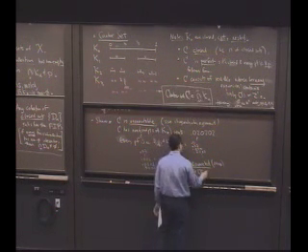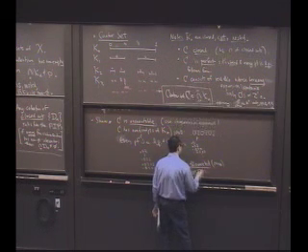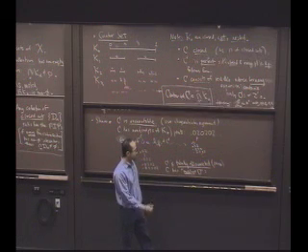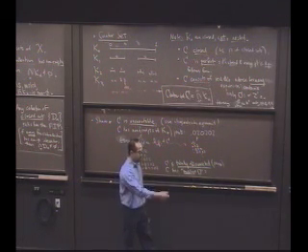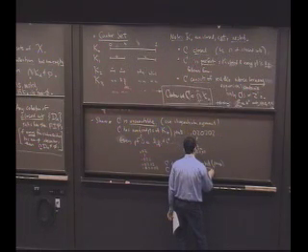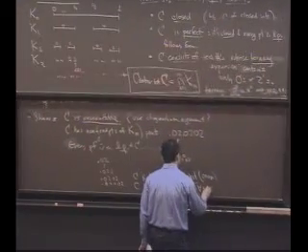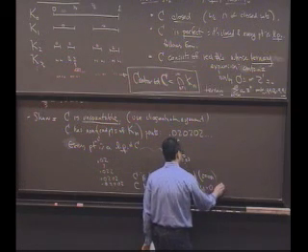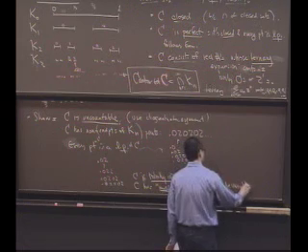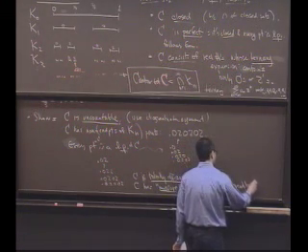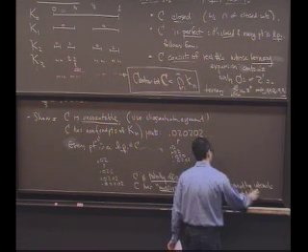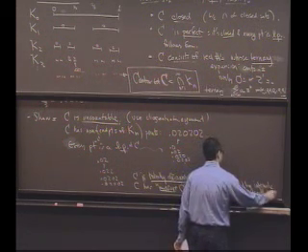And one way to say that, I'll informally define it here. For any positive number epsilon, for all epsilon bigger than 0, C can be covered by intervals of total length less than epsilon.